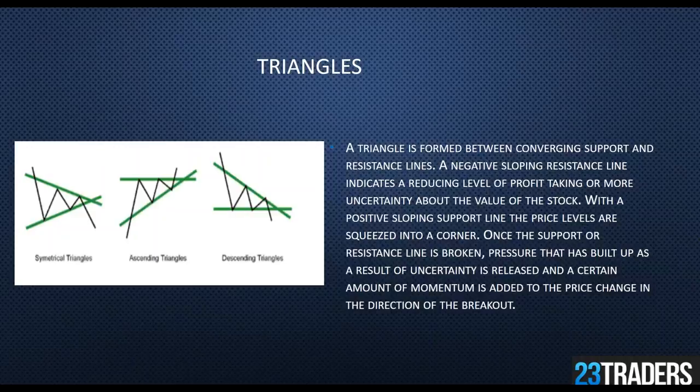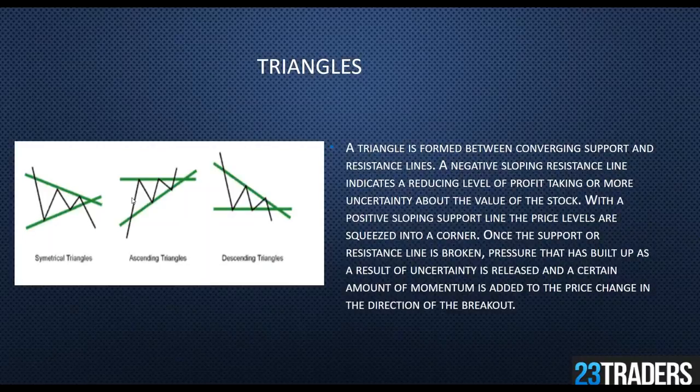So the most common chart pattern that traders look for are called triangles. Triangles come in symmetrical triangles, ascending triangles, and descending triangles. Now that sounds like a lot, but it's really in the direction the triangle is going. As you see here on the left, a symmetrical triangle, the upper and the lower channels are an equal proportion or equal angles.